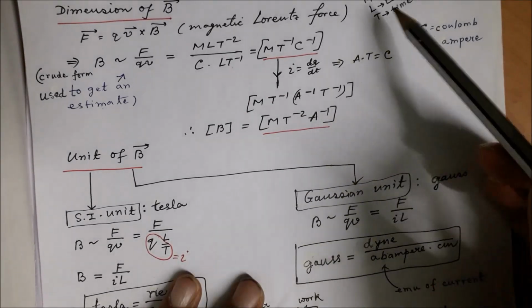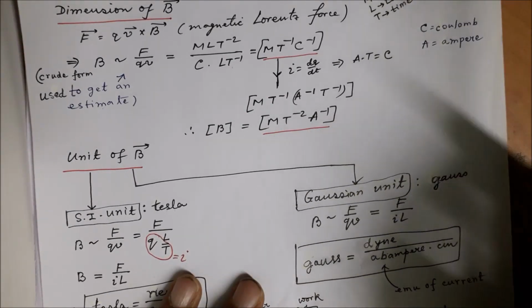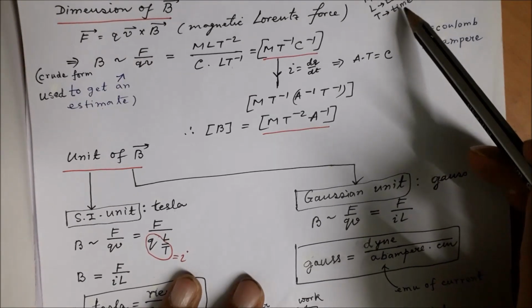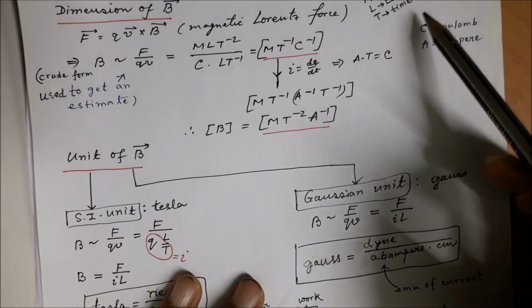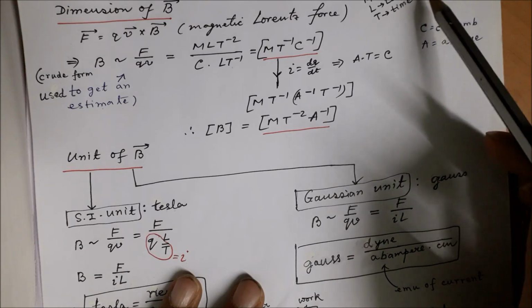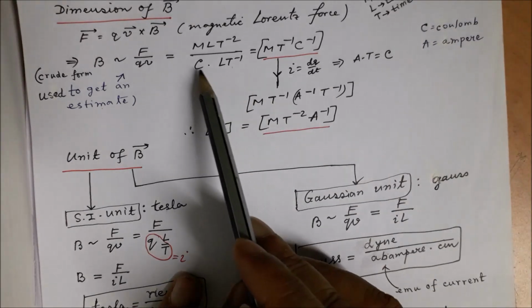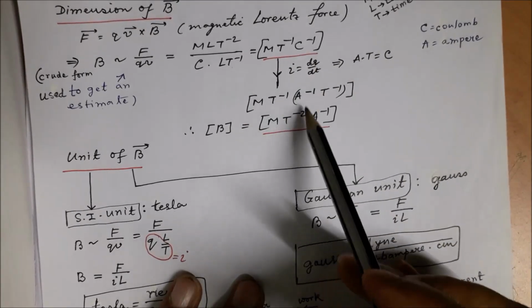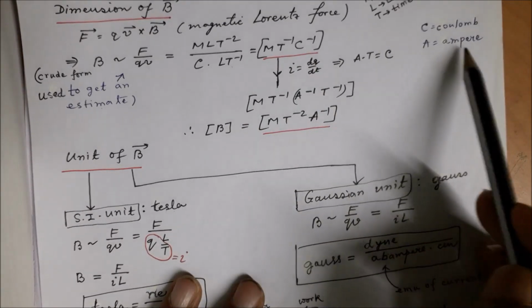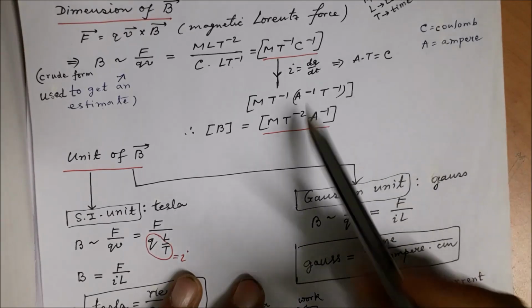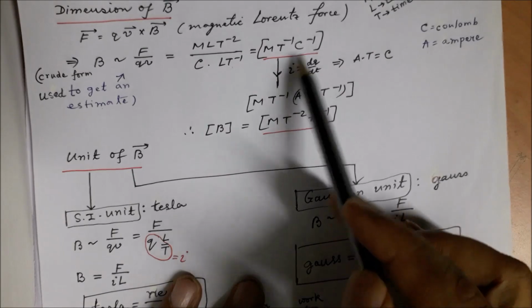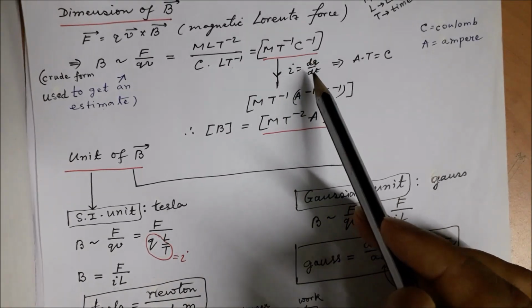Here M is mass, that is kg, L is the dimension of length, and T is the dimension of time, which is represented by the unit second, and C here represents Coulomb, and A here stands for ampere. This is how ampere and Coulomb are related, which directly follows from I equal to dq/dt.